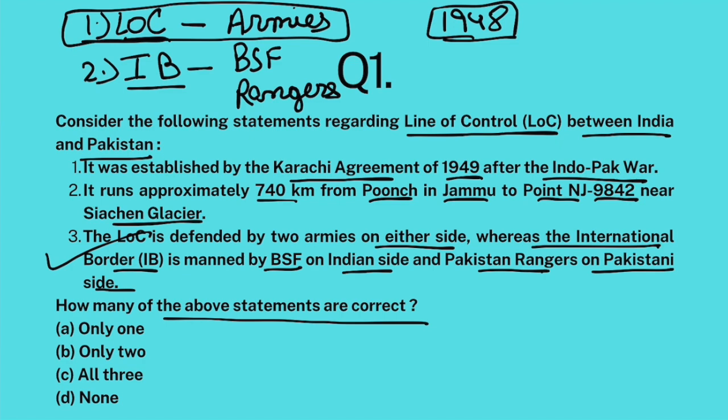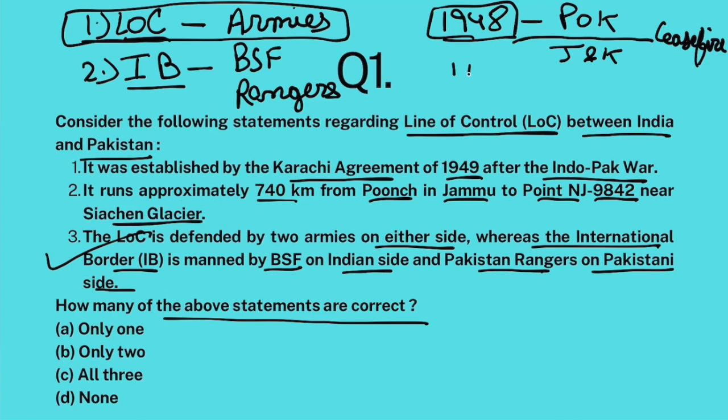These Pakistani raiders captured some territory of Jammu and Kashmir, which is today known as Pakistan occupied Kashmir, and the remaining portion was defended by the Indian Army, and that is the state of Jammu and Kashmir. In between these two territories is a line. That line was known as ceasefire line. Clear?